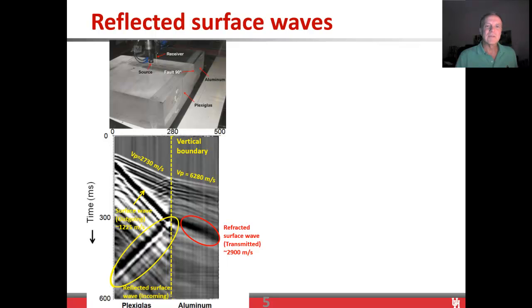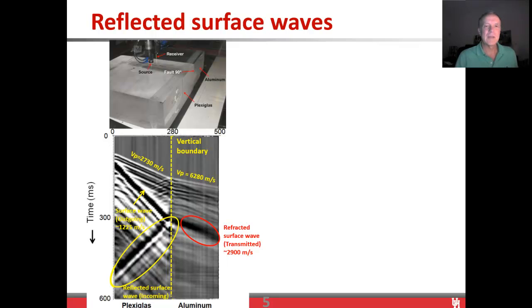Now, we first observed this in the lab, and I'm showing some experiments that we've undertaken at the University of Houston. In the upper left-hand corner, you can see a block of plexiglass and blocks of aluminum and an ultrasonic transducer. Transducers measuring typically at 0.5 megahertz or 1 megahertz, 10 to the 6 cycles per second. Just below it, you can see a shot gather.